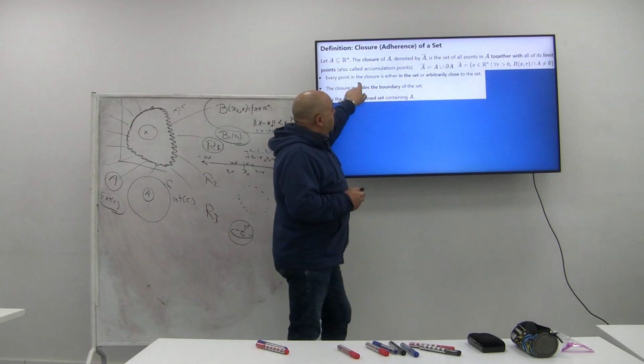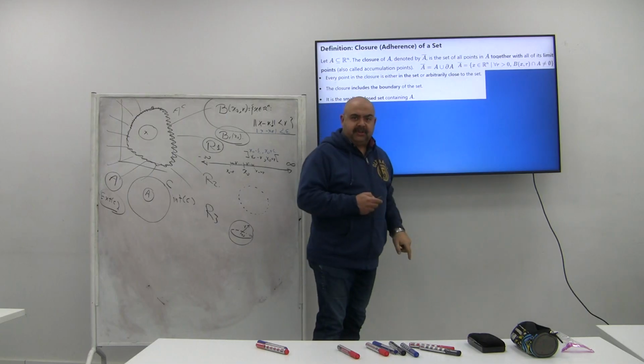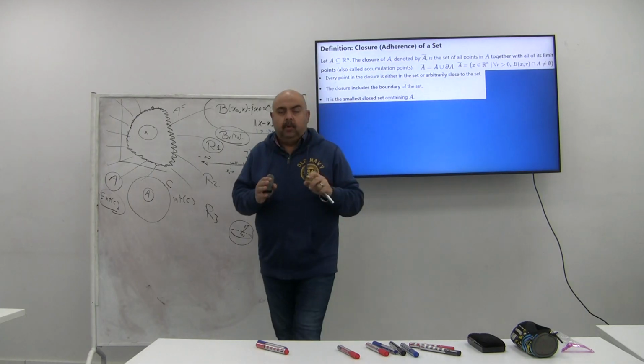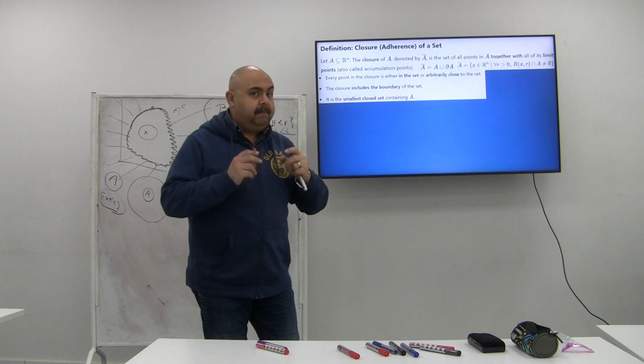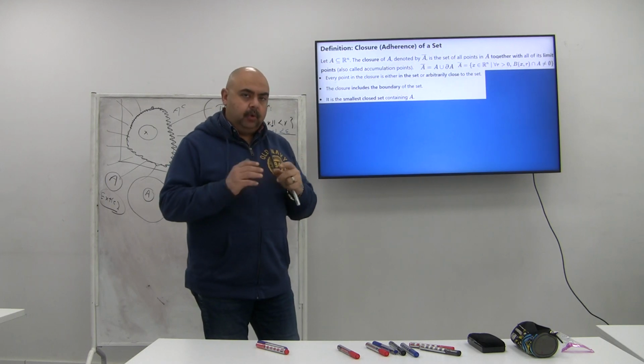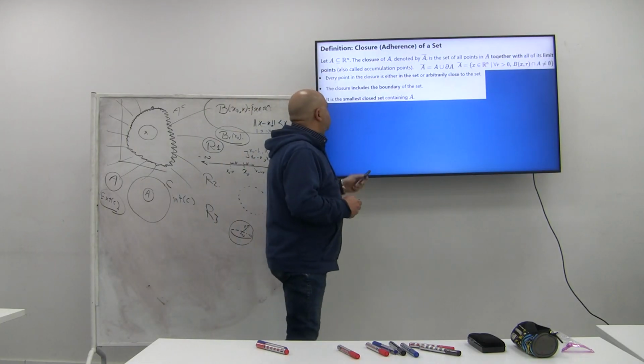Every point in the closure is either in the set or arbitrarily close to the set. Because if you have an open ball near the boundary, but sharing a point or some points with this boundary or with the set, it is going to be involved in the closure of the set.